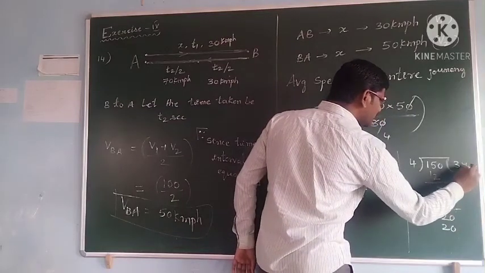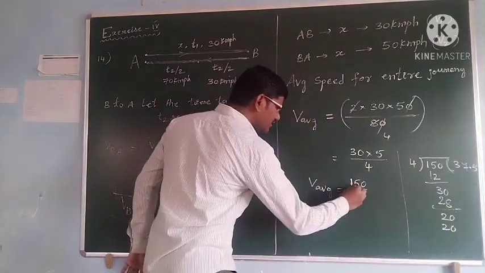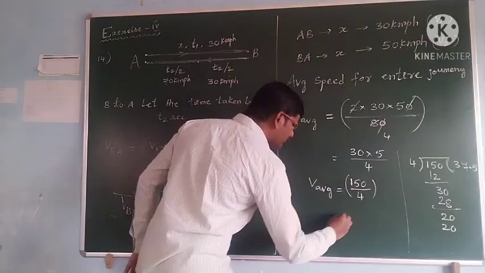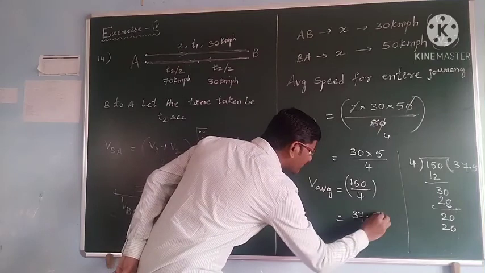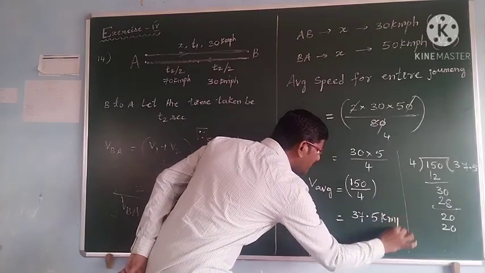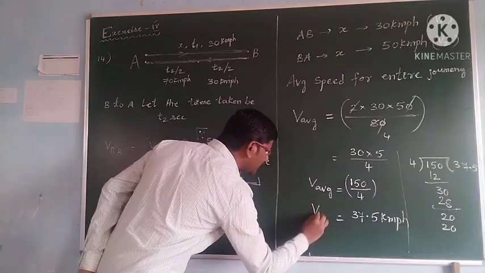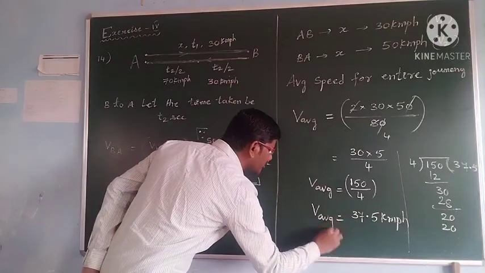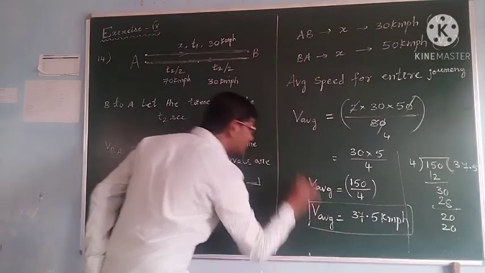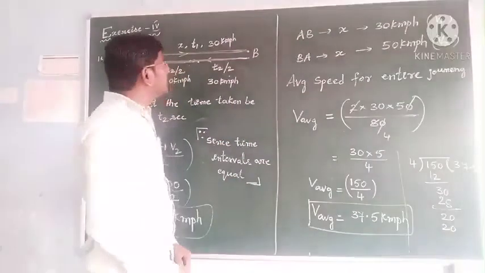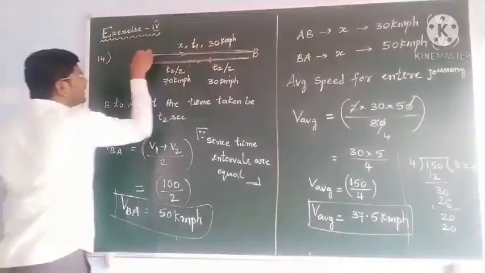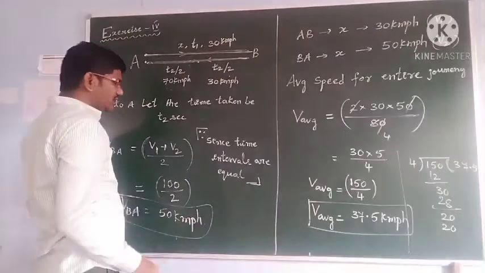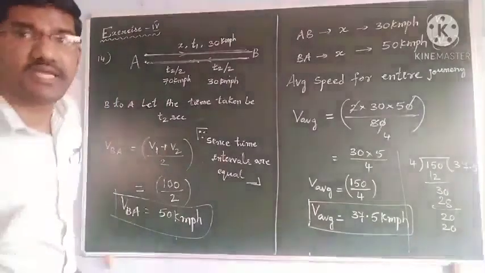Okay students, so divide with the 4 you will get 37.5 kmph as the average speed. So this is the average speed, and if you find average velocity, it started at A, went to B and came back to A, so displacement is 0, so average velocity will be 0.